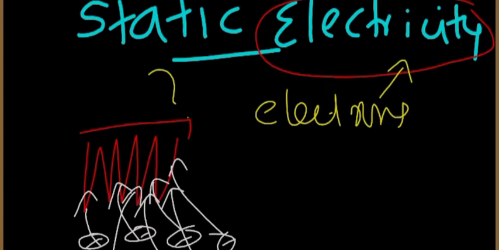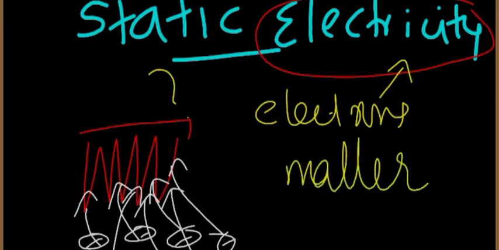Our whole world, all the universe, is made up of matter, right? And all the matter is made up of what? It is made up of molecules, and all the molecules are made up of atoms.